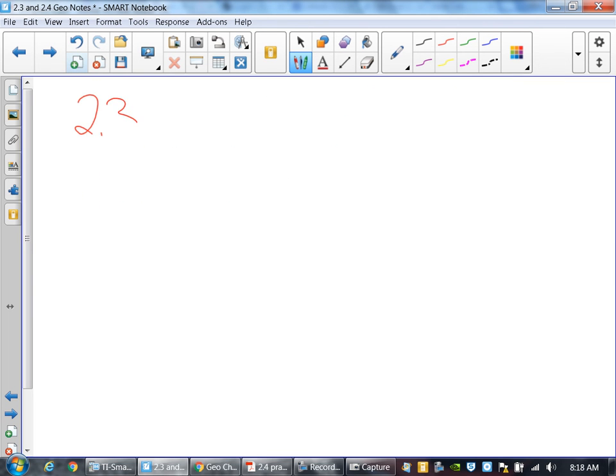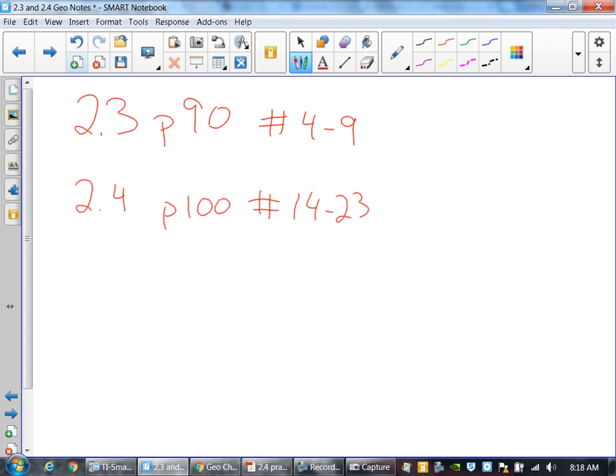This is our homework. The 2.3 is on page 90. I'd like you to do numbers 4 through 9. And then on section 2.4, which is page 100, numbers 14 through 23 and 39.